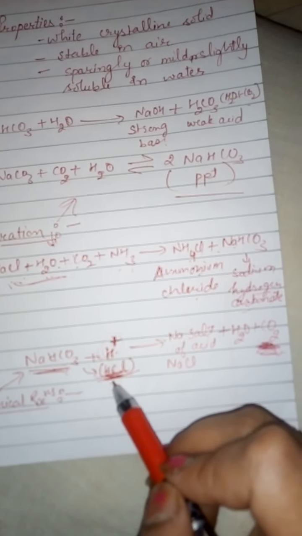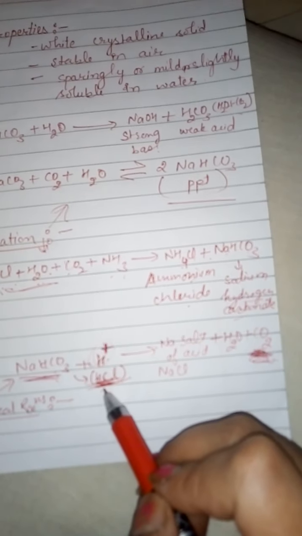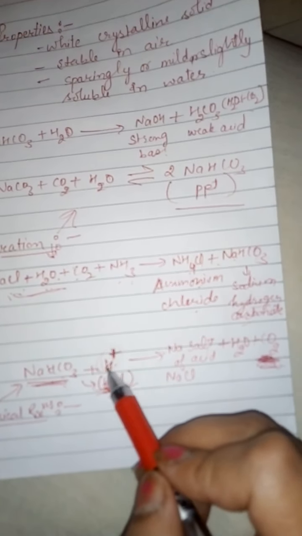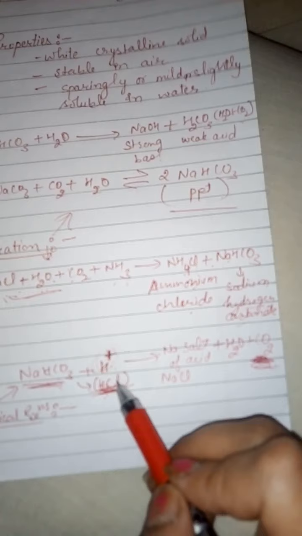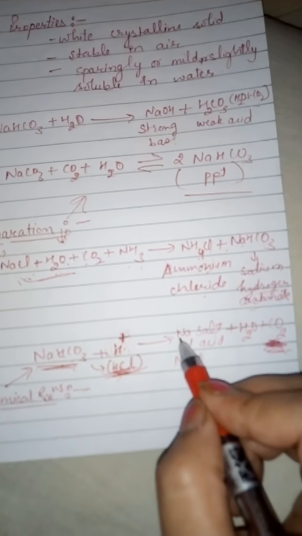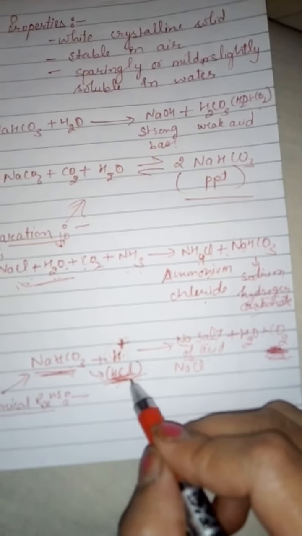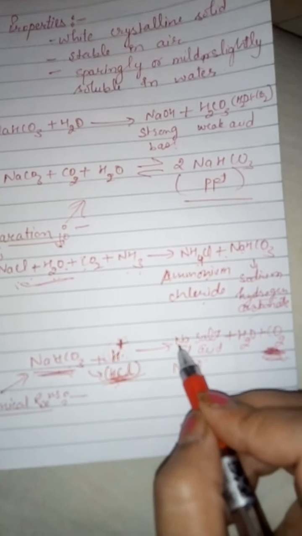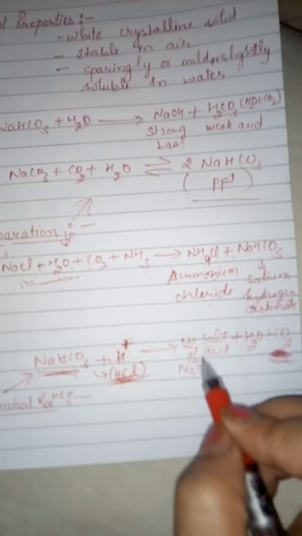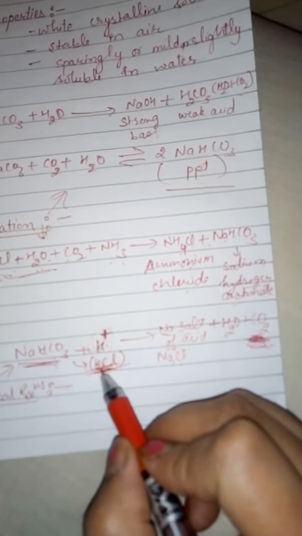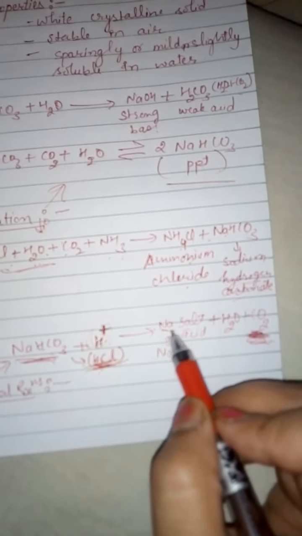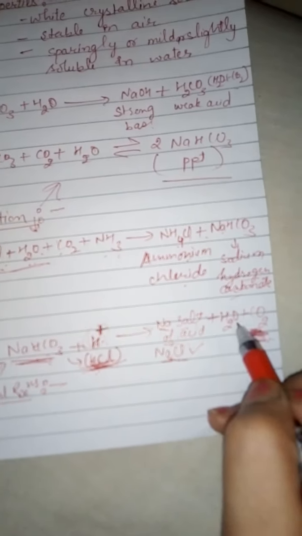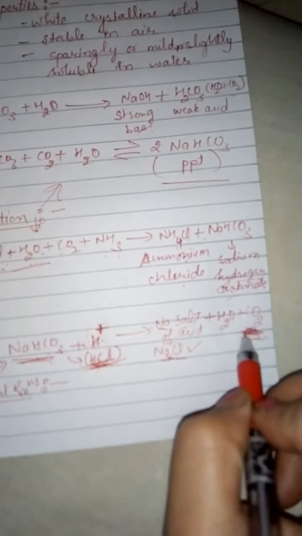If you are taking sulfuric acid, then H positive from sulfuric acid. Then the sodium salt of the acid, it means whichever acid you are taking, the sodium salt of that acid will be formed here. Suppose we are taking HCl, then NaCl will be formed here, plus H2O plus CO2.